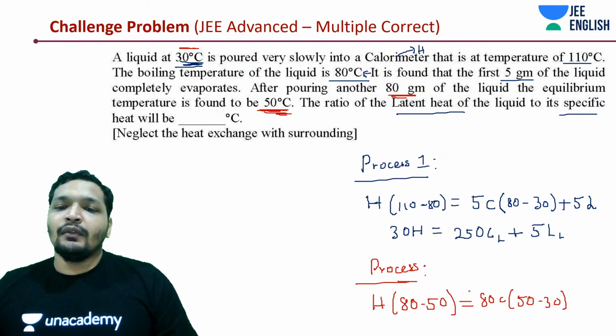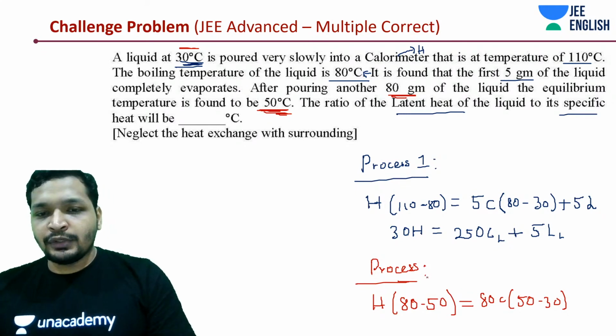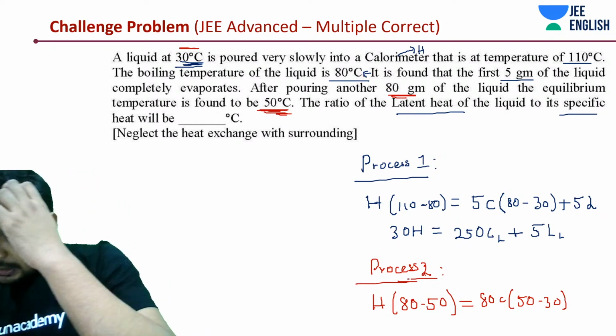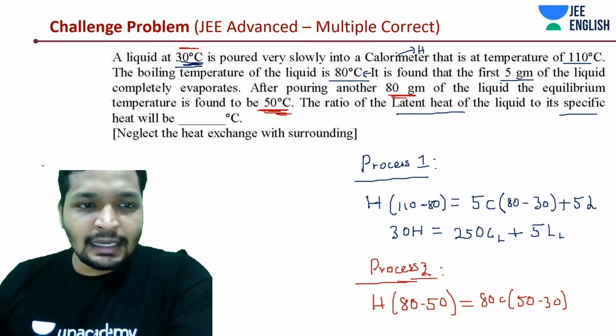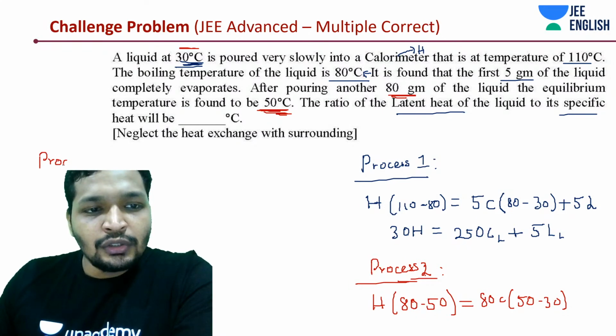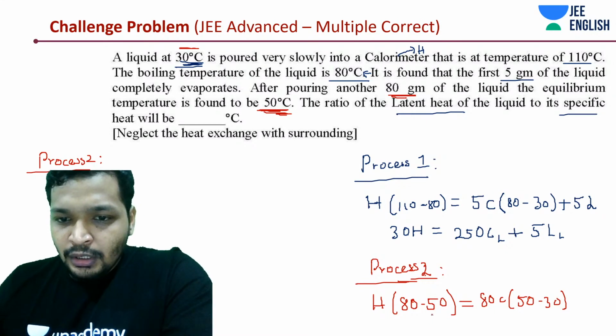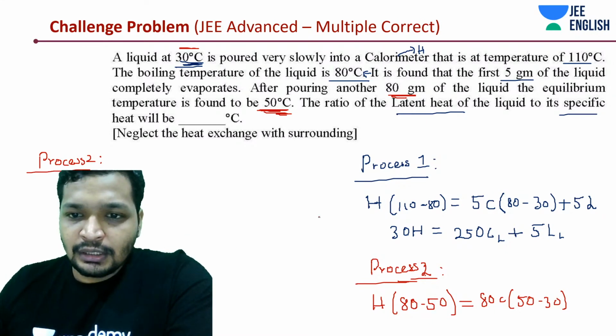Okay. And let's work on the process 2 equation. I think we have some space over here. I'll directly write down the process 2 equation. If you notice, this is 30H, this is also 30H.